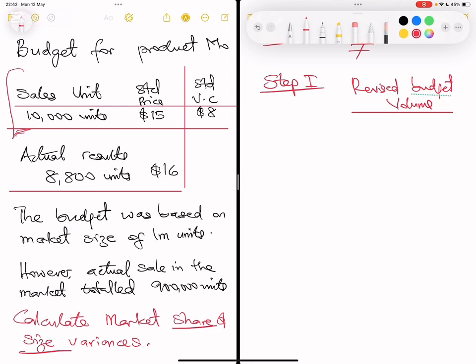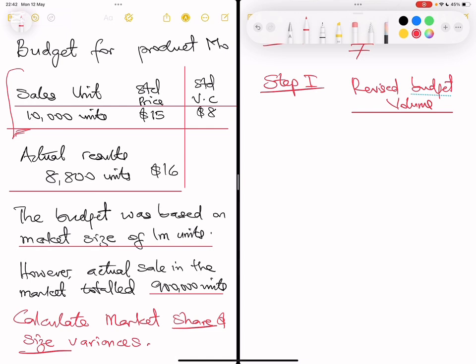If you look at this question, you discover that the actual market size is 900,000 units, whereas when the budget was made, it was based on a market size of 1 million units. So the market has actually shrunk from 1 million to 900,000.